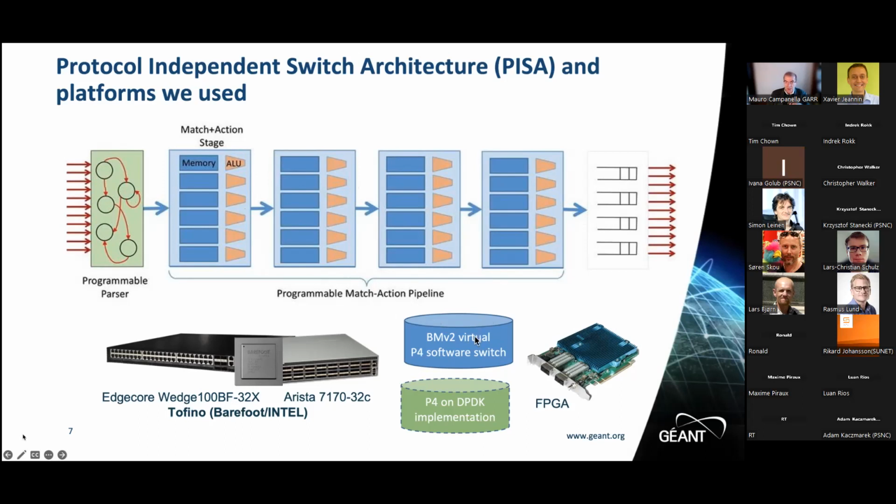BMV2, a virtual P4 platform, so you create a virtual switch, and you can create a DPDK implementation, in which DPDK is, if you want, an unanswered kernel in Linux machines that permits very fast network processing of packets. Forgive me for being very simple in this description. And we added to the DPDK a compiler to understand a P4 program.